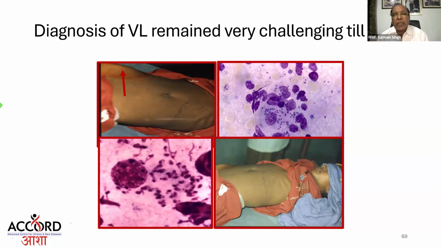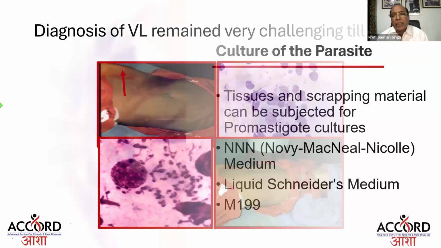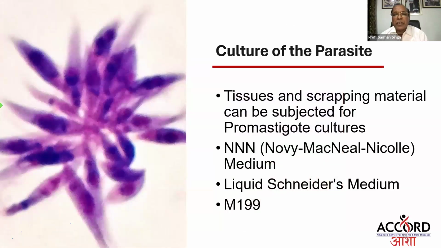And probably then I found out that somebody from Kenya also reproduced that kind of information. But then next slide, please. And then came obviously the culture, and culture was also the confirmatory test. We were using the triple N medium or the liquid Schneider's medium, or obviously you can use animals also.